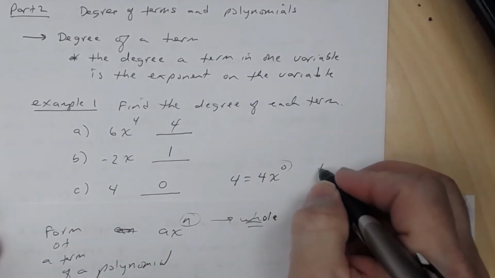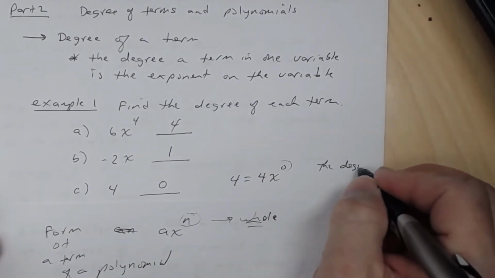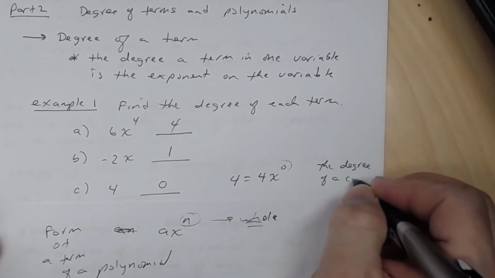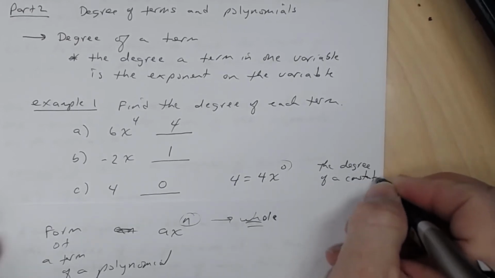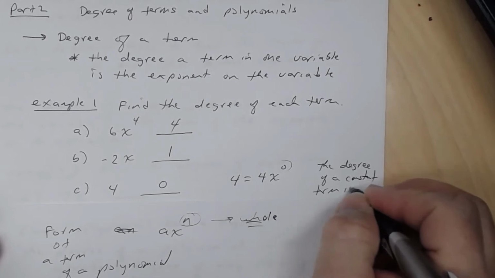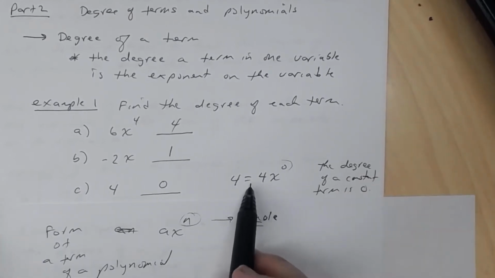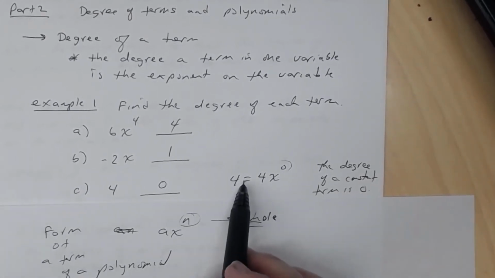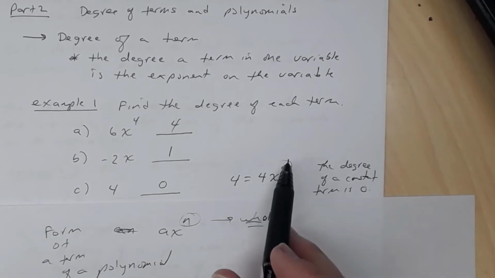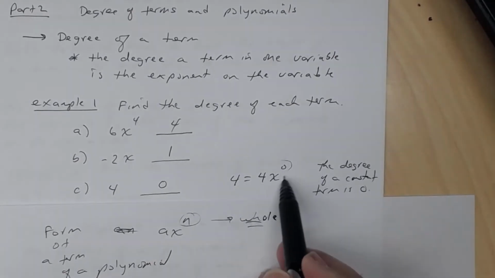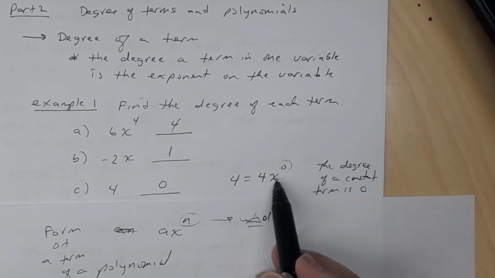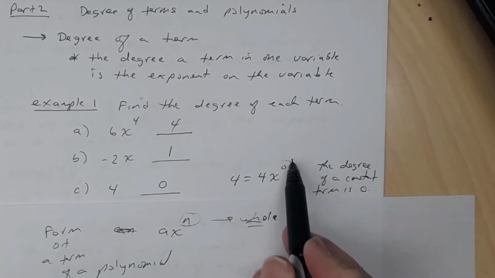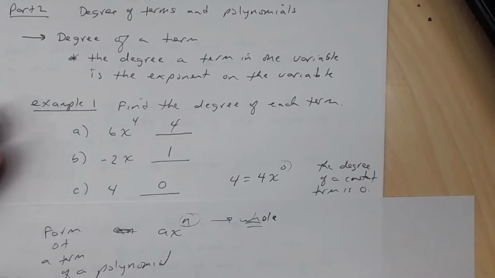The degree of a constant term is 0. And that's because you can write a constant as that constant times the variable raised to the 0 power, because remember, x raised to the 0 power, the zero exponent rule, is 1. 1 times 4 is 4.